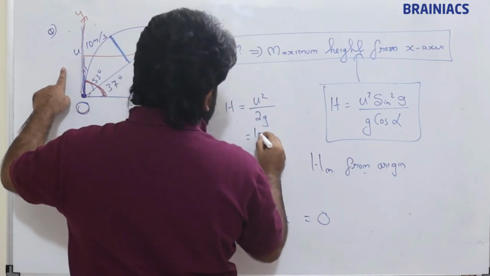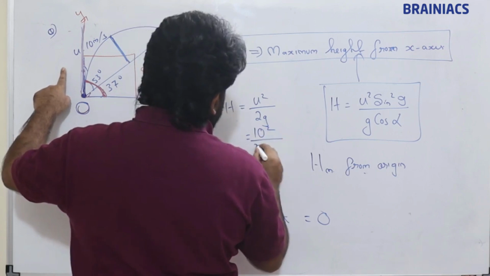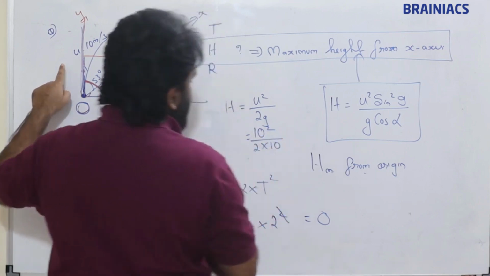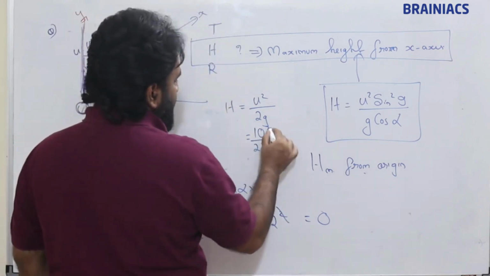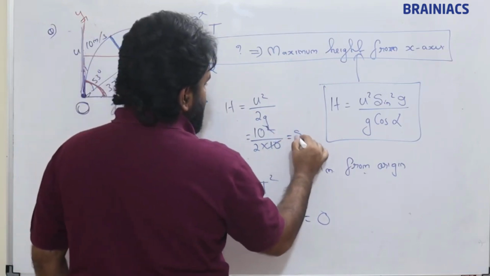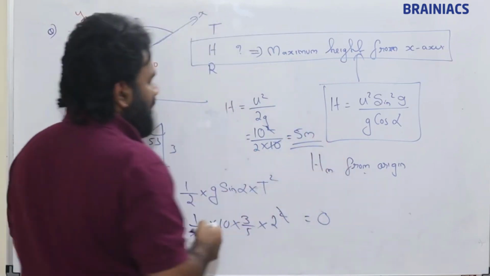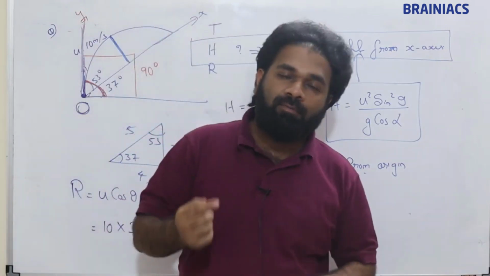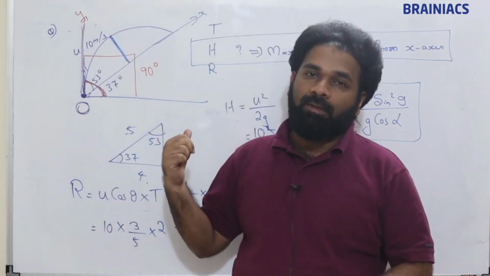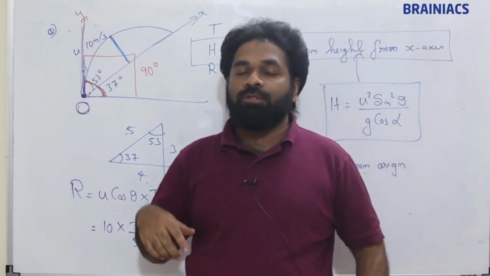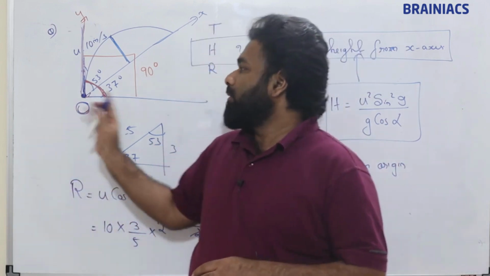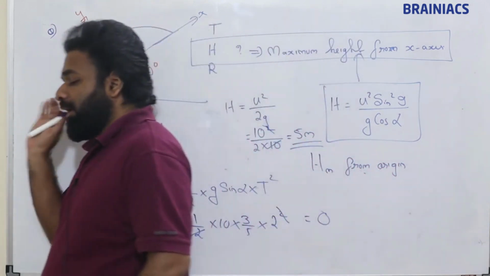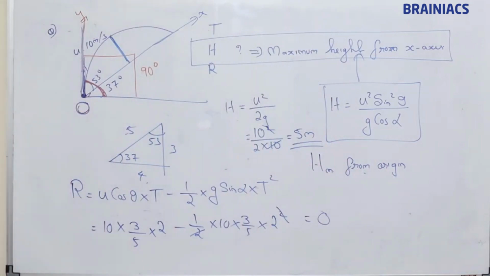How much? 10 square divided by 2 into 10. So 10 can be cancelled out. This is 5 meter. So the vertical height from origin is 5 meter here. So that is a possibility in this type of question.